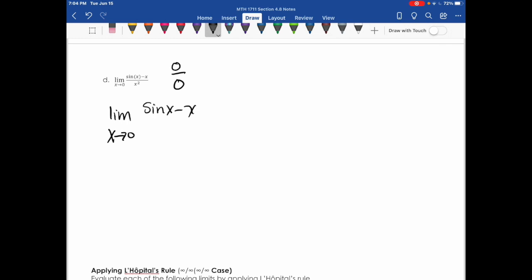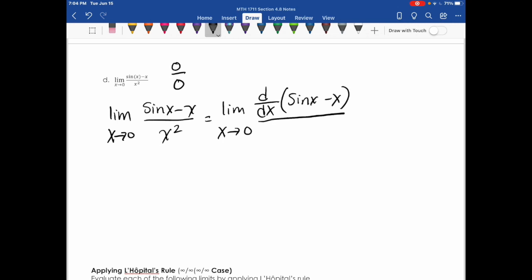So I can take the limit as x goes to 0 of sine x minus x over x squared, and set that equal to the limit as x goes to 0 of the derivative of the top and the bottom separately. So I'm going to take the derivative of sine x minus x with respect to x, and then I'm going to take the derivative of x squared with respect to x.